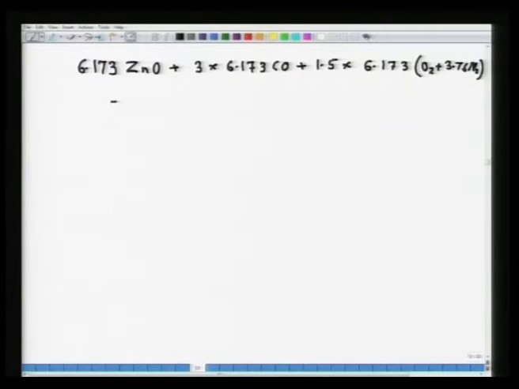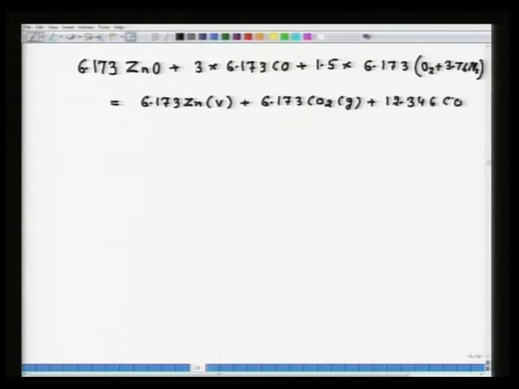So, that will give me 6.173 zinc vapor plus 6.173 CO2 gas plus 12.346 carbon monoxide plus 34.816 nitrogen.